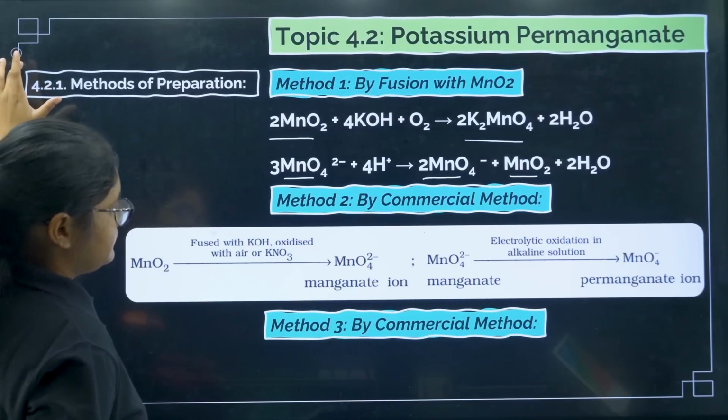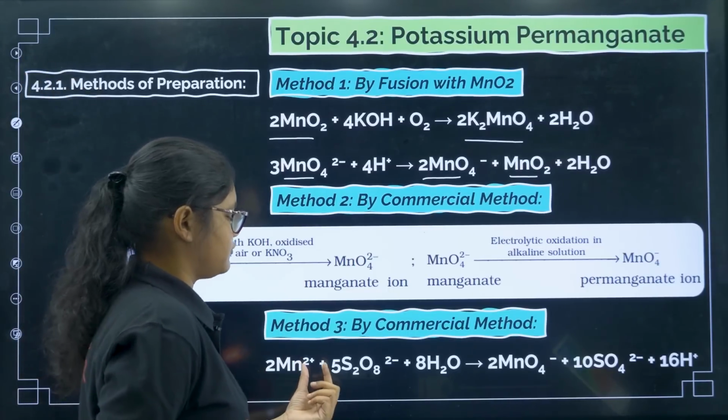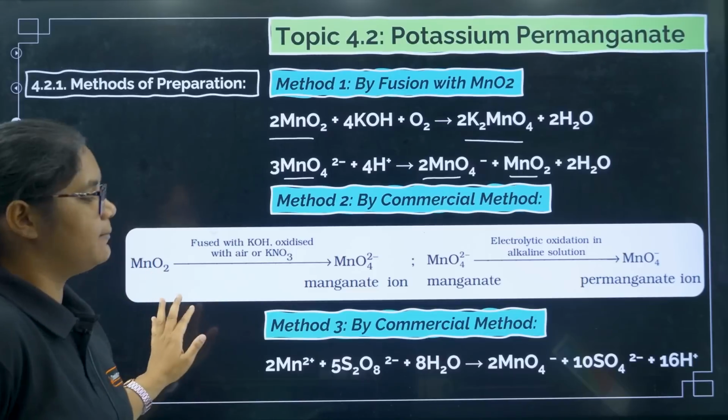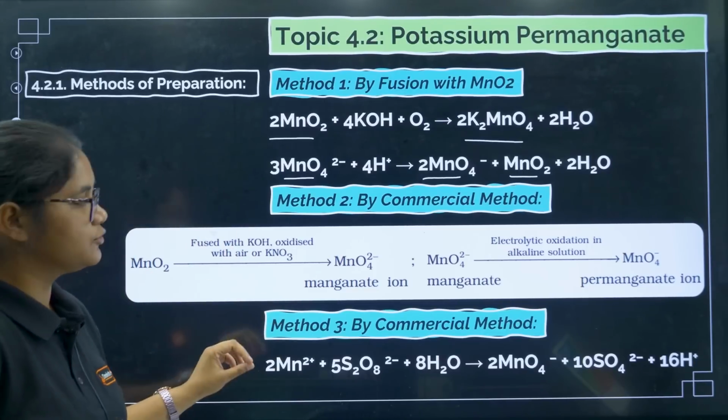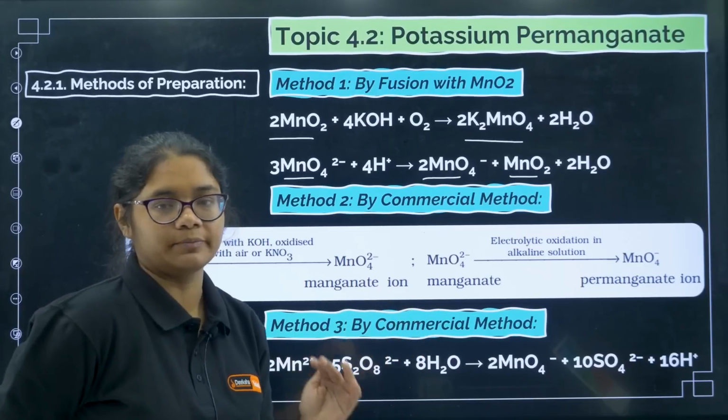So we have two commercial methods here. One is from Mn2+ also, and another one is MnO2. These reactions you should remember, not exactly, but you should know the main products.